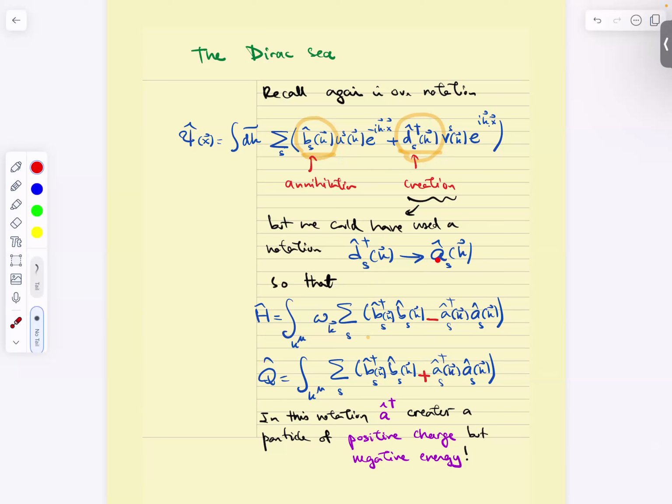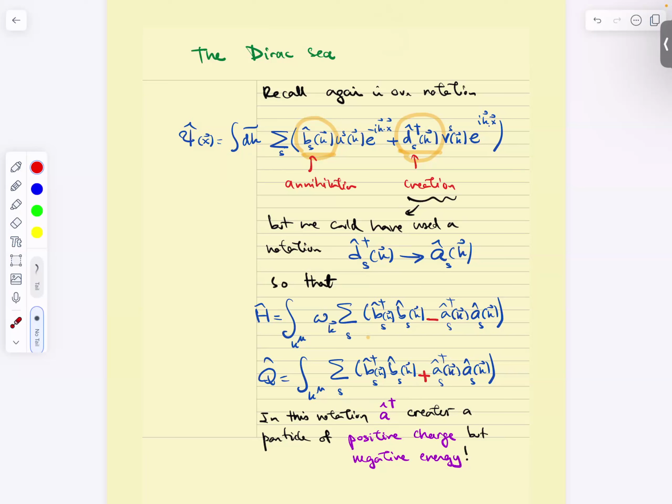What happens if you make this transformation? Your Hamiltonian will pick up a minus sign, and your charge will pick up a plus sign. In this notation, a dagger creates a particle of positive charge but negative energy. Up to a minus sign, charge and energy are different. So what he discovered was that there are two types of particles, particle and antiparticle, with the same charge and opposite energies.